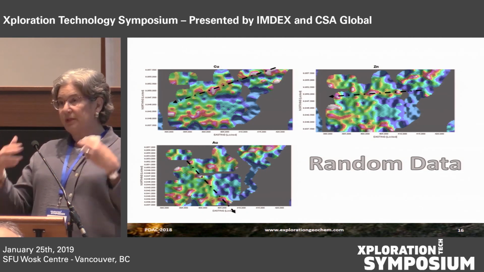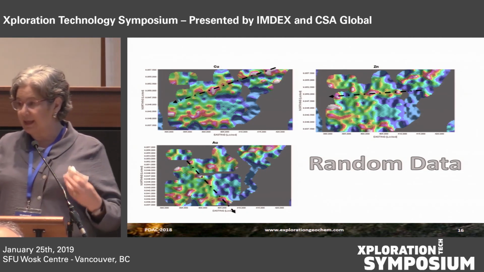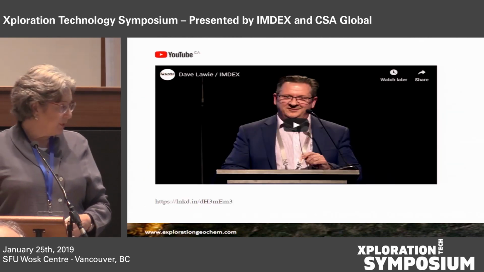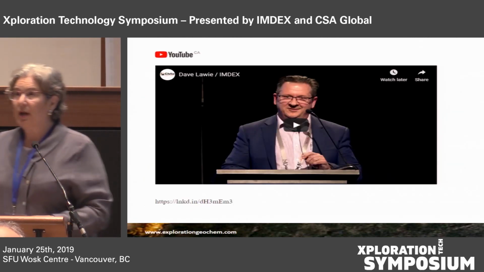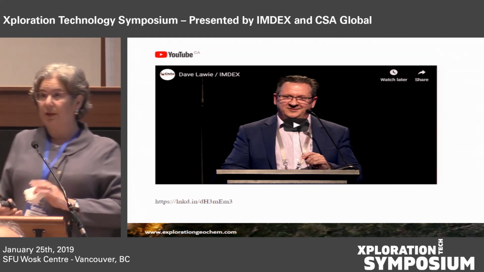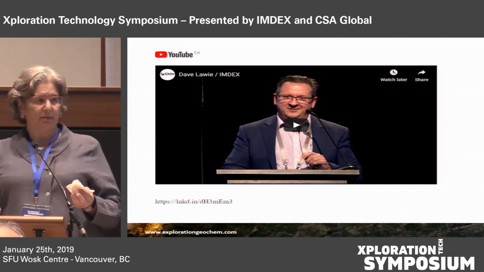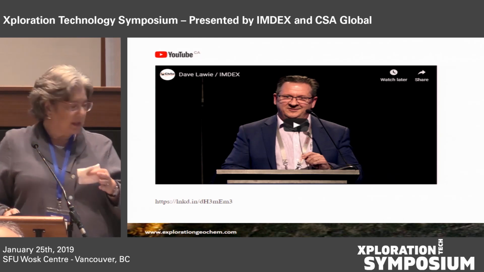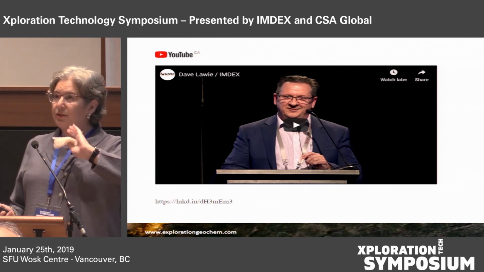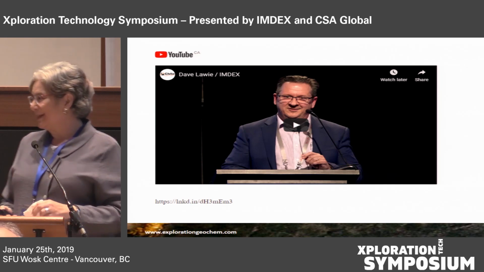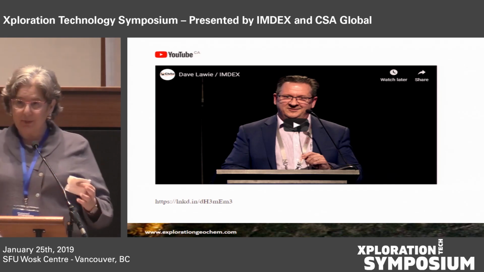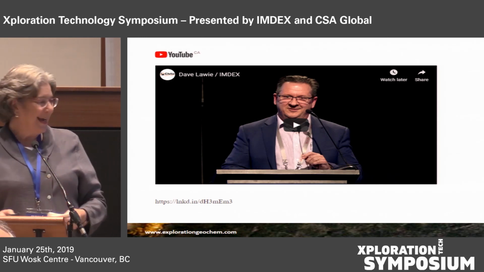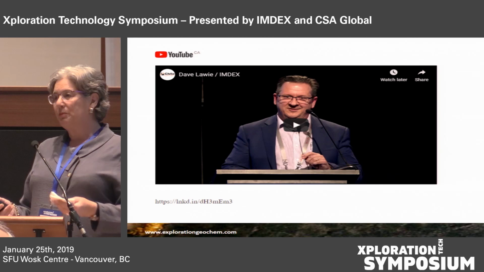We can end up with fundamentally what looks like random data, and we could certainly have a great deal of fun interpreting it. And anybody who has an interest in this, and who may have missed this, Dave did a talk, I think, in Chile. And I'm sure this is on the IDMEX website.